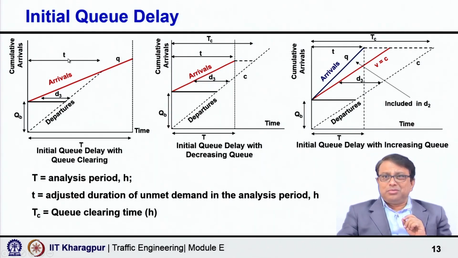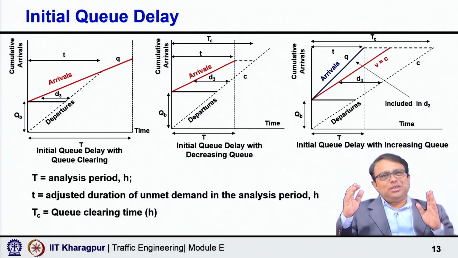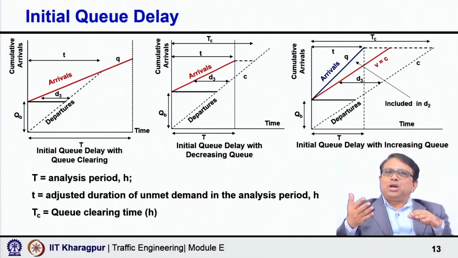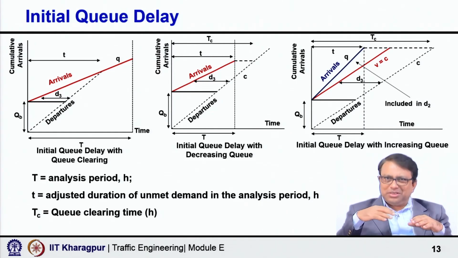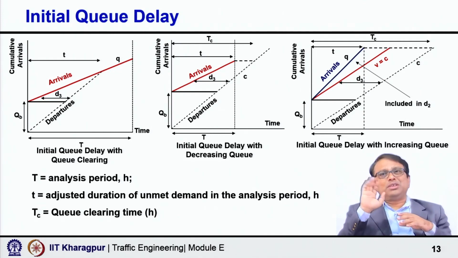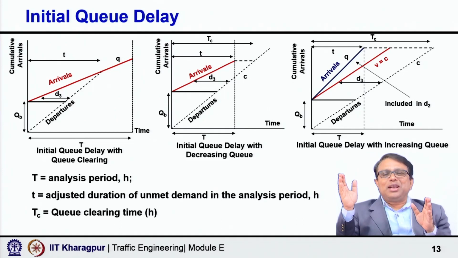At small t from the beginning of the analysis period, and this small t is less than the analysis period capital T. So, within the analysis period, considering the Q at the beginning, my cumulative arrival is Q b plus whatever vehicles arrive during small t seconds, and I am able to clear all the vehicles within small t seconds, which is less than the overall analysis period.